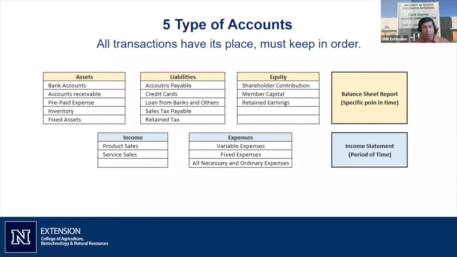The bookkeeping process has the goal of organizing, but why are we organizing all this information? The end result, like I see it, is to properly come up with a balance sheet report and an income statement, because those are the financial statements that really tell your story, your position about your company.